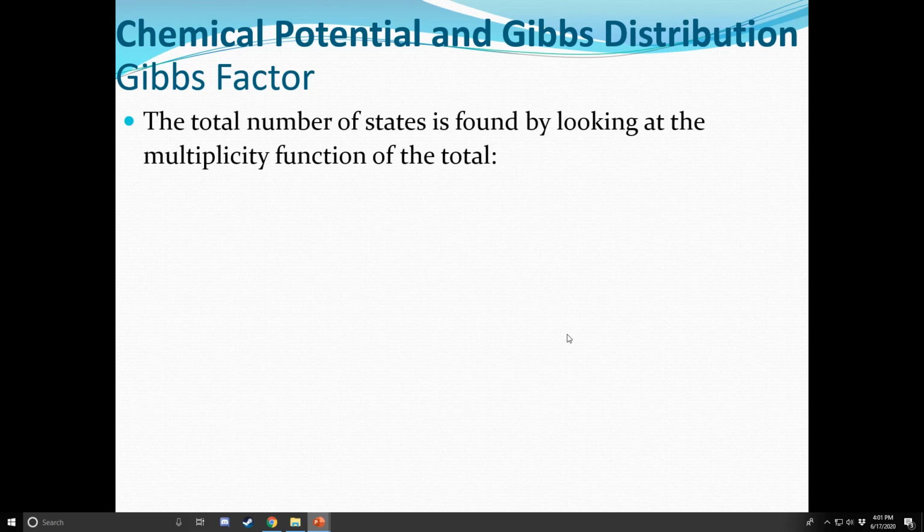So we know that the total number of states that can be found is just basically a multiplicity function, which would be the product of the two systems. So again, the total multiplicity function of both is going to be the product. Since we're going to define one specific state for our system, that really just means that it's going to be equal to all the combination multiplicity states available to the reservoir.